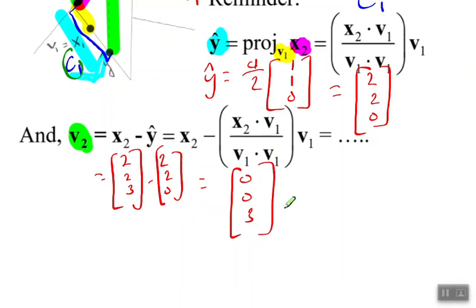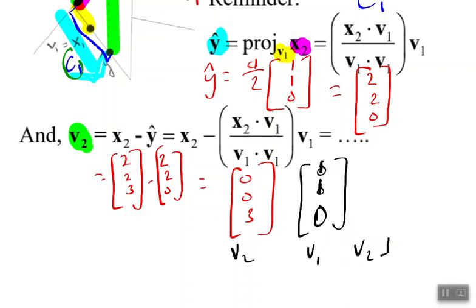And we have 0, 0, 3, and if I dot that with the first vector, this is our new vector 2, and we have vector 1, which is 1, 1, 0. Those two vectors are orthogonal. Vector 2 is orthogonal to vector 1.